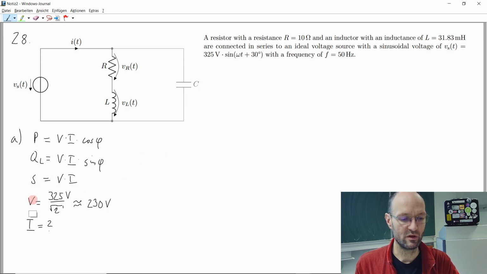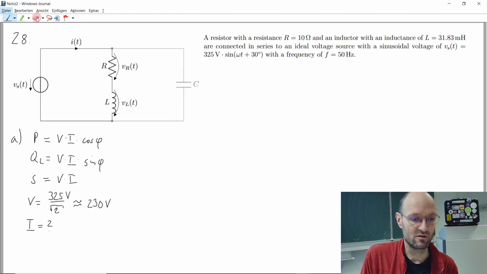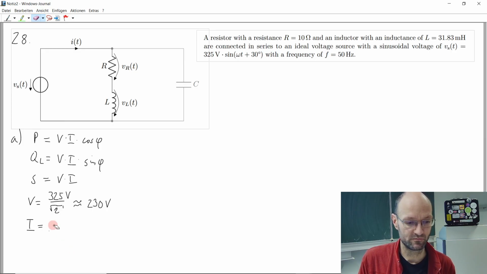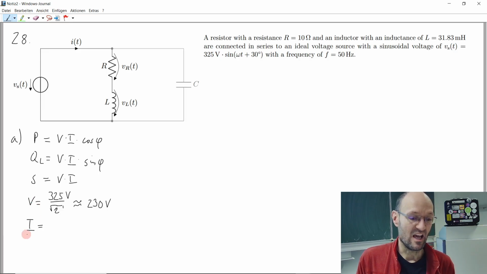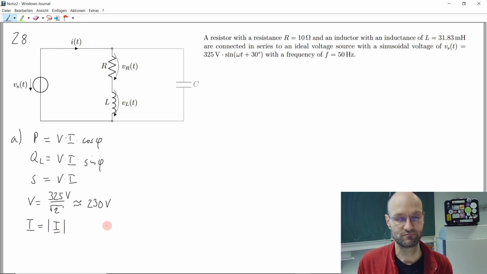Okay, so we already know the RMS value of the voltage. So, okay, current. How can we calculate the current, or how can we calculate the RMS value of the current? Yeah, we could take our usual approach here and say, at first maybe the RMS value would be the magnitude of some complex current phasor.